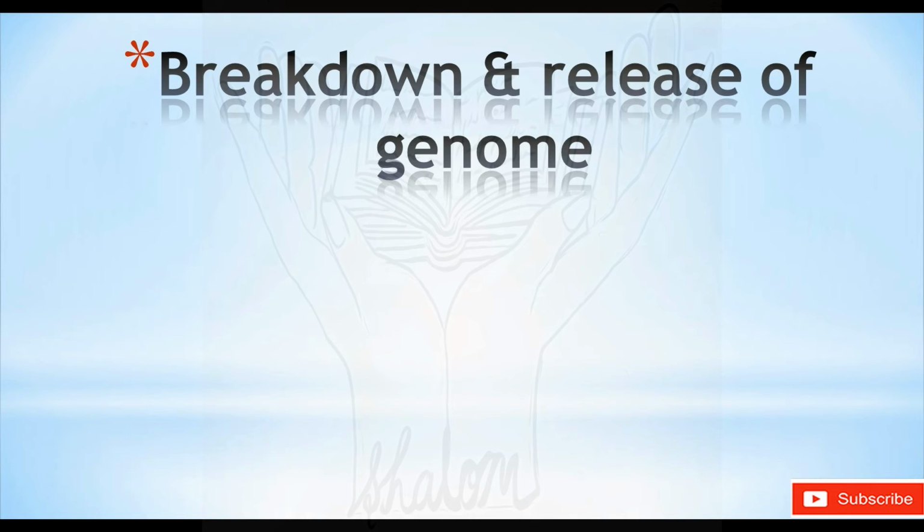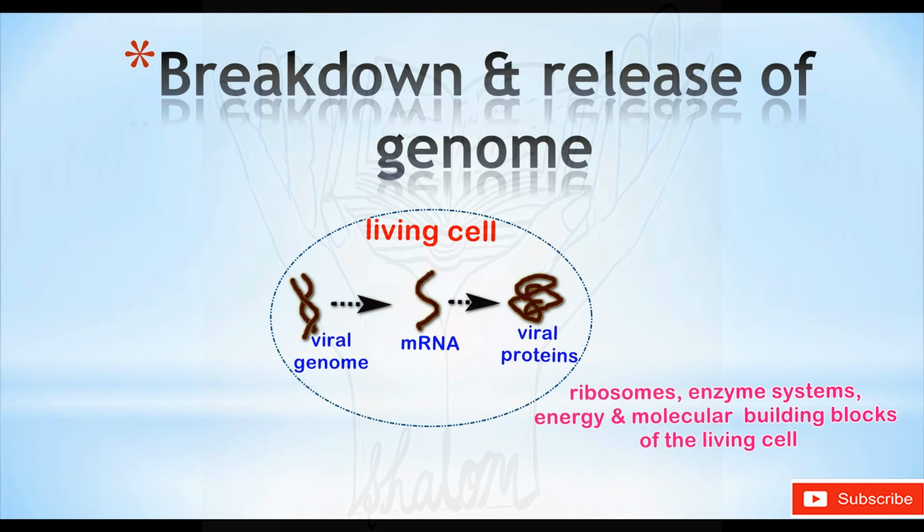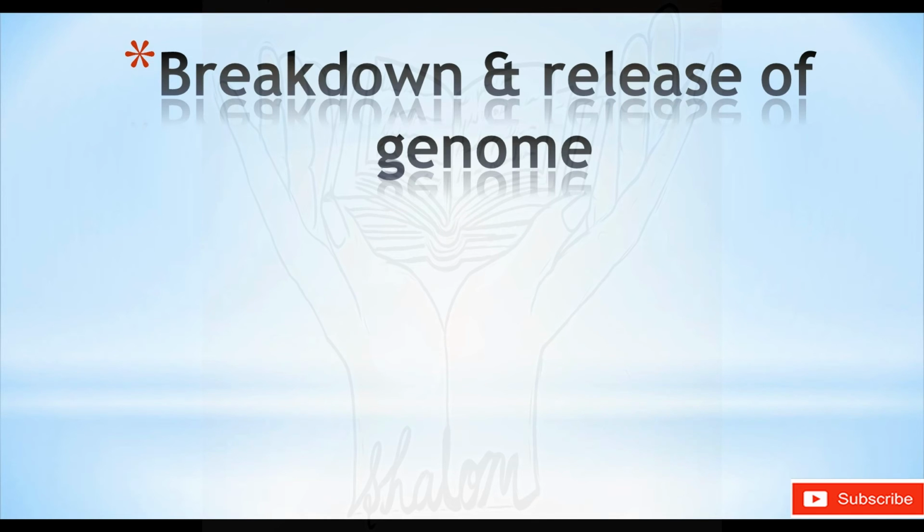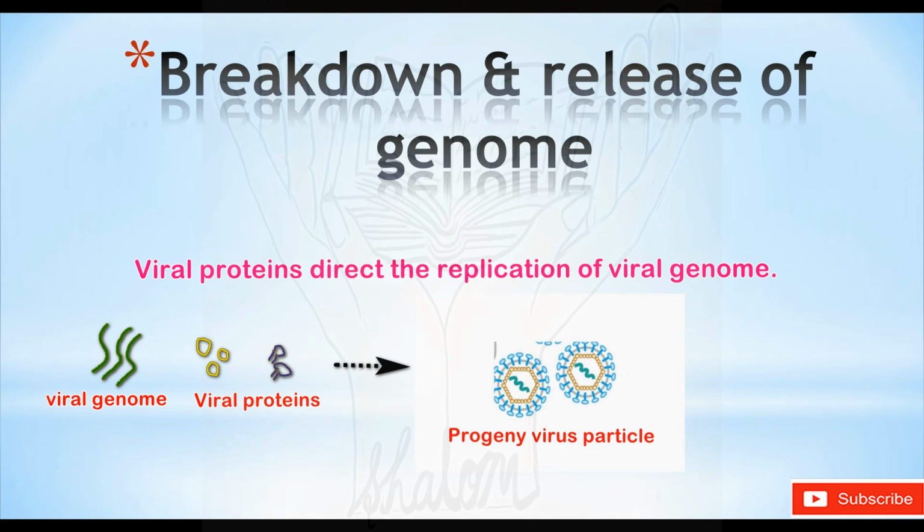Once uncoated, the viral genome acts as a template for the synthesis of messenger RNA, which in turn synthesizes viral proteins using enzyme systems, ribosomes, energy and molecular building blocks that are present in the cell. Later, these viral proteins direct the replication of the viral genome. And viral structural proteins encapsulate the newly replicated genome to form a progeny virus particle. These progeny virus particles then can infect the adjacent living cells.